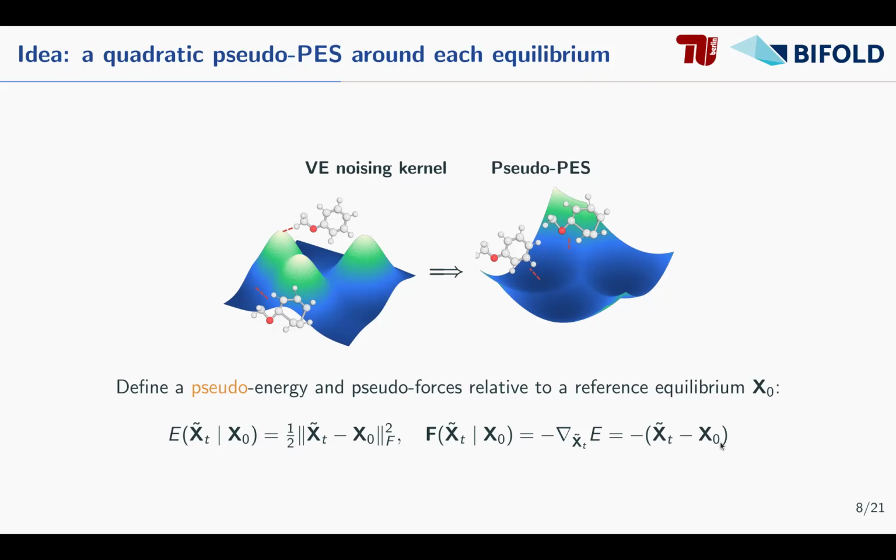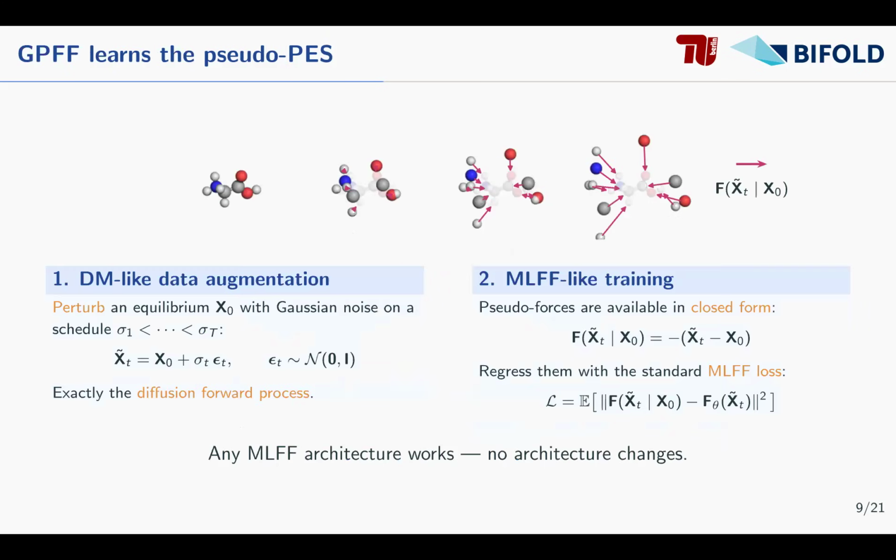But what we could do instead is design a training loop and then train a neural network model in order to learn those pseudo-forces. And once the model is trained, we can use it for sampling new structures. And this effectively is our generative pseudo-force field, or GPFF.